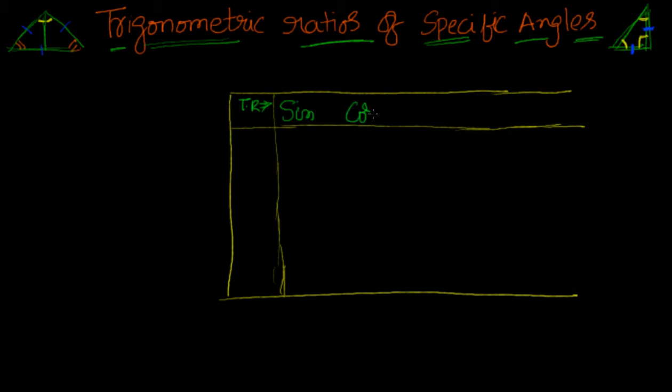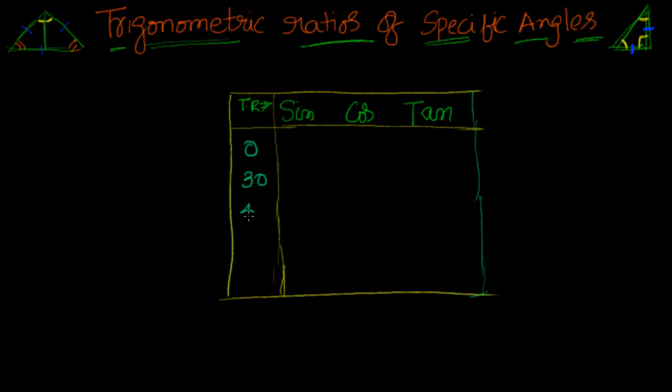I'll do only three, please: sine, cos and tan. You can do the remaining ones, or if you want me to do them also, it's fine, but I think you can reverse them and find them out. So we'll do only up to this: sine, cos and tan. Now 0, 30, 45, 60.